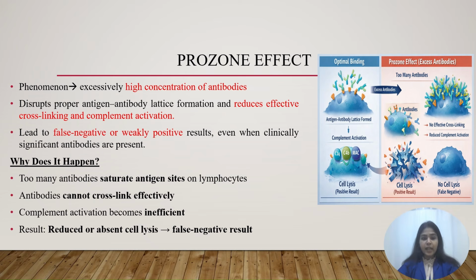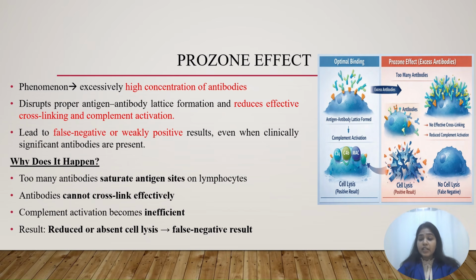But why does it happen? Too many antibodies saturate antigen sites on the lymphocytes. Antibodies cannot cross-link efficiently, complement activation becomes inefficient, and the result will be reduced or absent cell lysis, which gives us the false negative result. Here in the picture, you can see that if too many antibodies are present, there will be competitive binding between them.